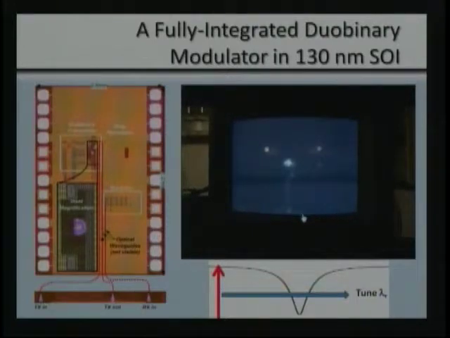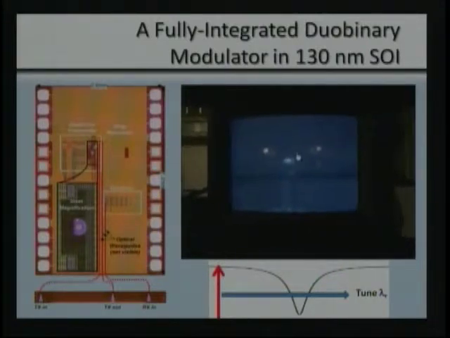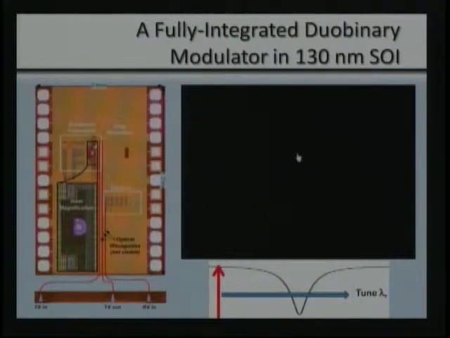You can also see that the light is evident through the waveguide as well. That's occurring because there's a gradual amount of leakage through these on-chip waveguides that shows up on the infrared camera. Once we pass the center of this null, you can see that this spot is getting less and less dark, which indicates that we've moved away from the null.